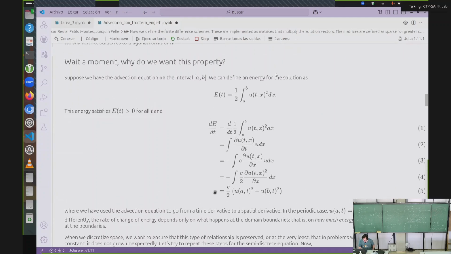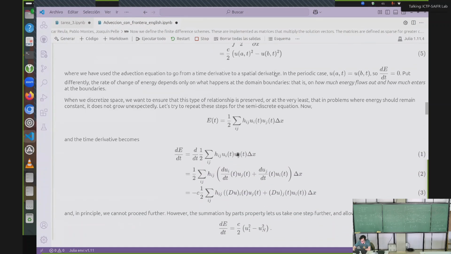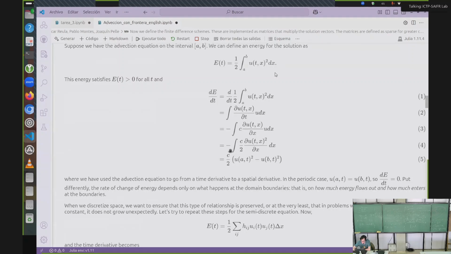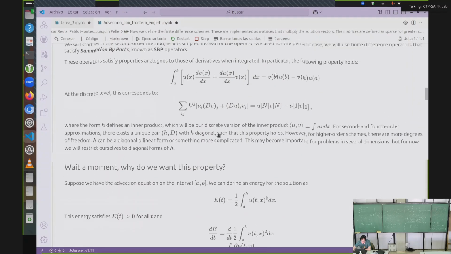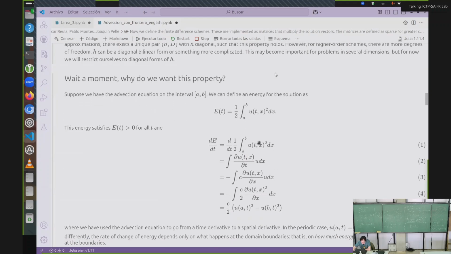And then we will get that the derivative of E over time will be the difference between the squares of the solution at the extremes. And we want this to hold as closely as possible. So that is why we are trying to preserve this property of the operator, so that when we do this operation numerically, we get exactly the same.